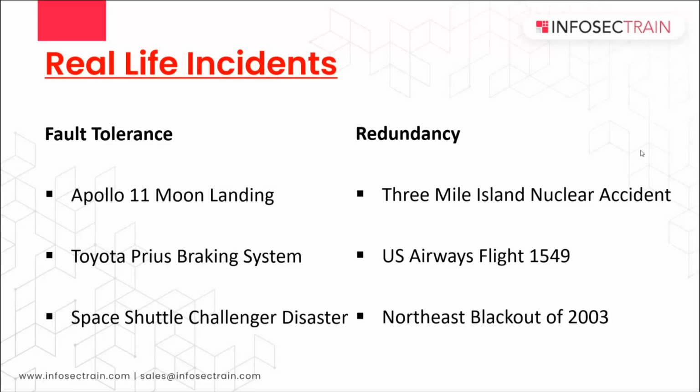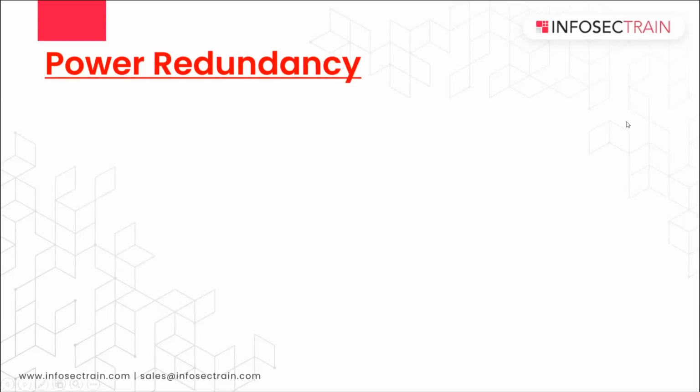Now let's see the different types of redundancy. The first one is going to be power redundancy. In case of a power failure or power outage, we need a redundancy system, and those systems are nothing but power redundancy.